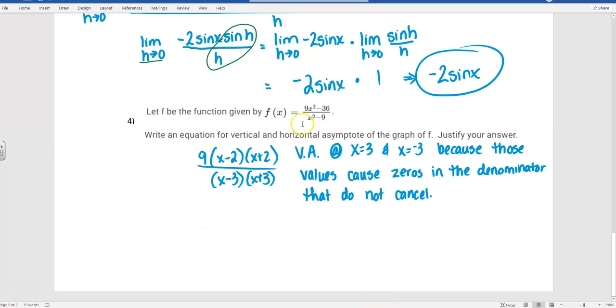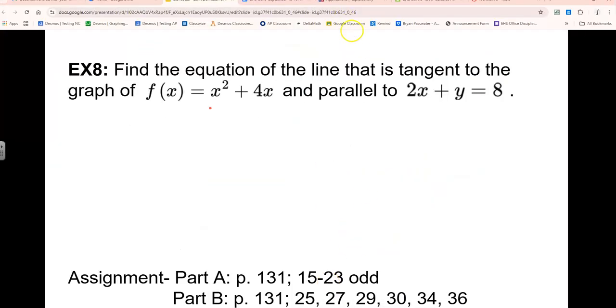So if I have 2x plus y equals 8, how do I find the slope of that line? Move the 2x over, so I get y equals negative 2x plus 8. And what is the slope of that graph? It is negative 2.